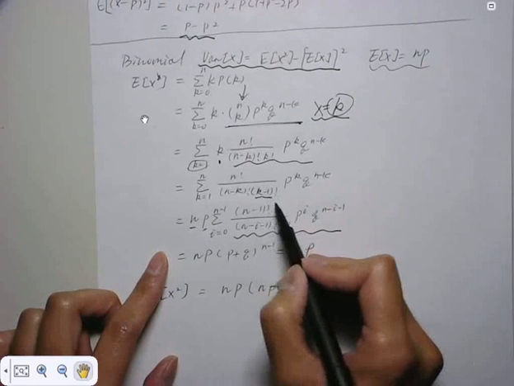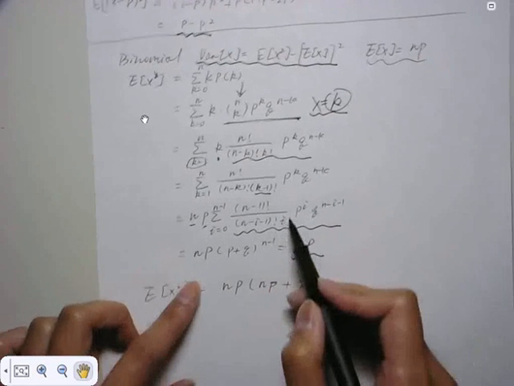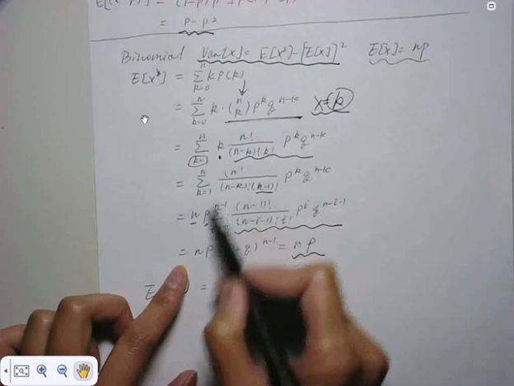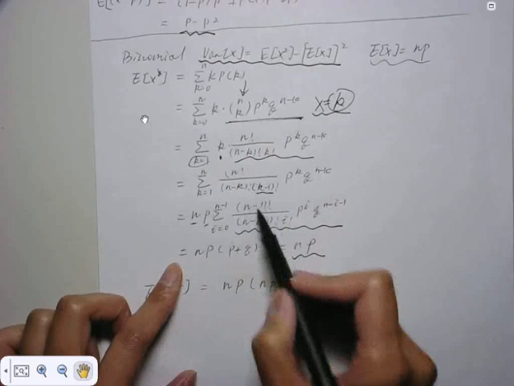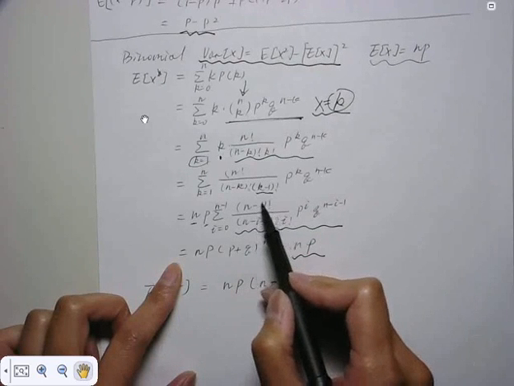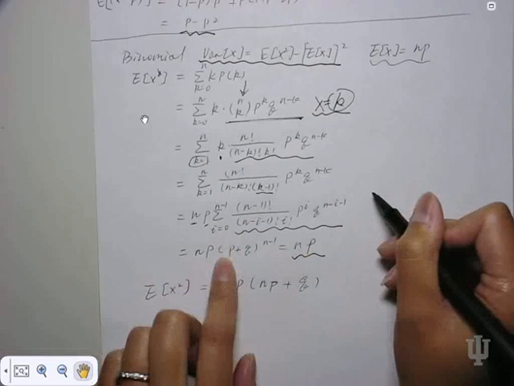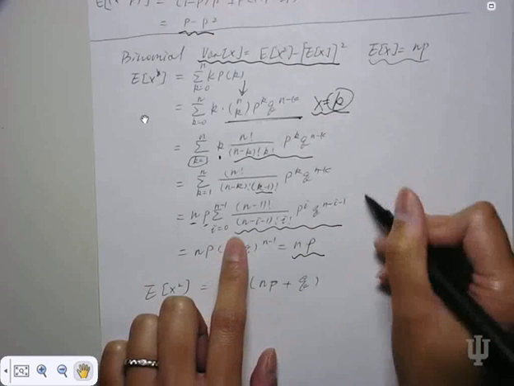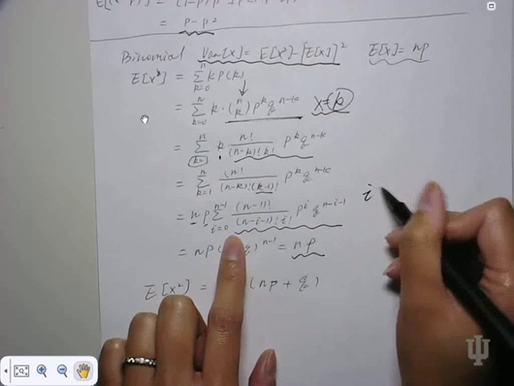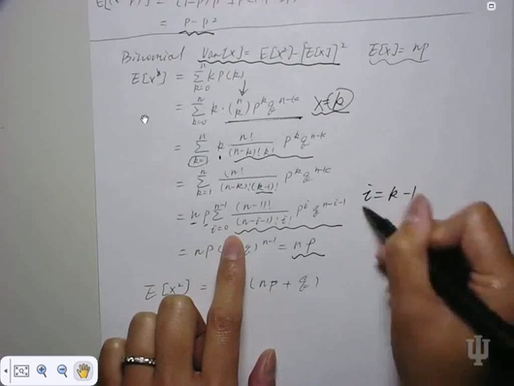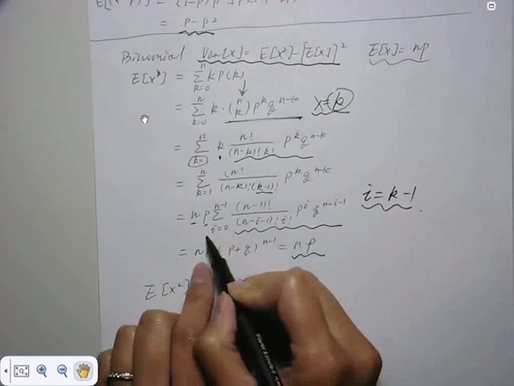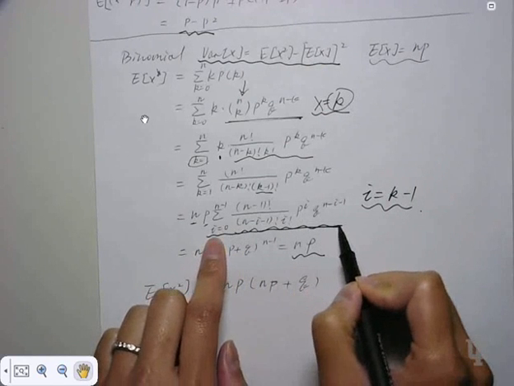So this will be k minus 1 factorial. And then I move out one n here. Then the upper part will be n minus 1 factorial. And I use i equals k minus 1 to generate this form.